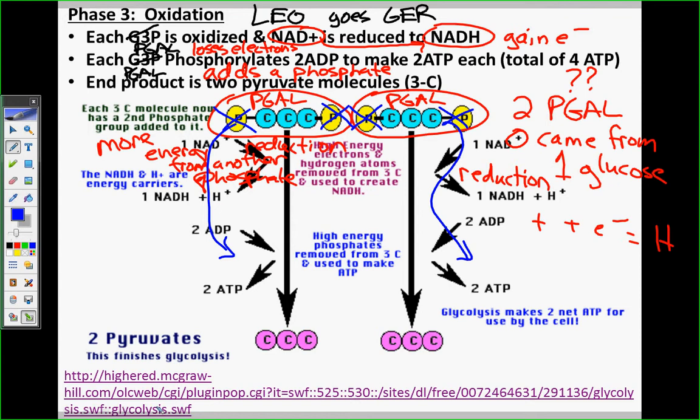Now, why did I need 2 yellows? Because this is 2, so I need 2. I'm going to make it a yellow P. See that? 2P or not 2P? That is the question.